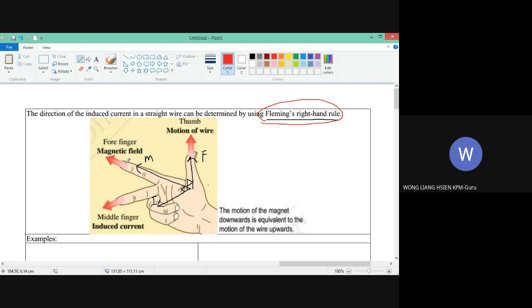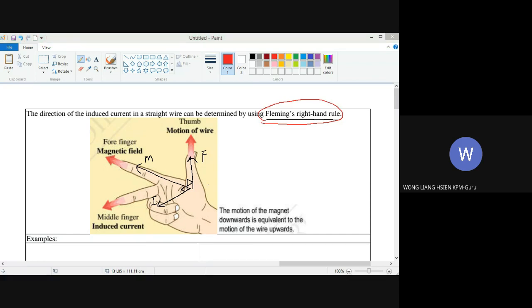Fleming left hand rule, already got current, current produces force. Fleming right hand rule, no current, you use the force to produce the current. So I hope that you can differentiate Fleming left hand rule and Fleming right hand rule.